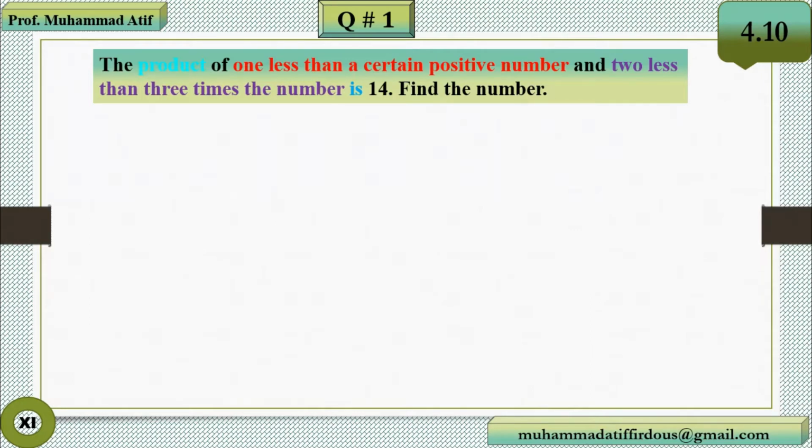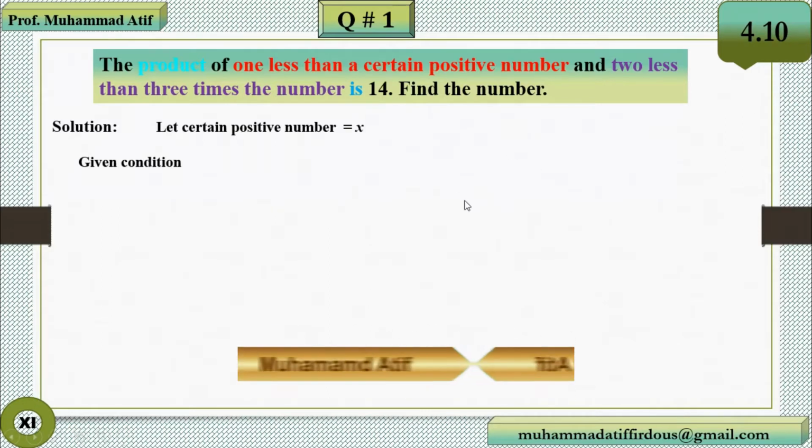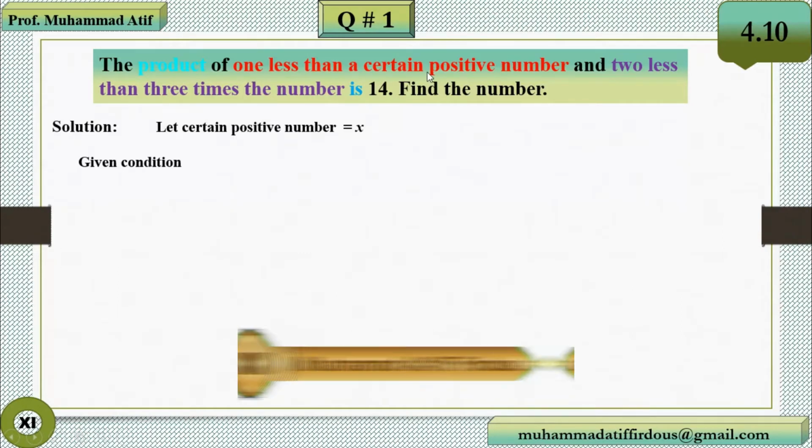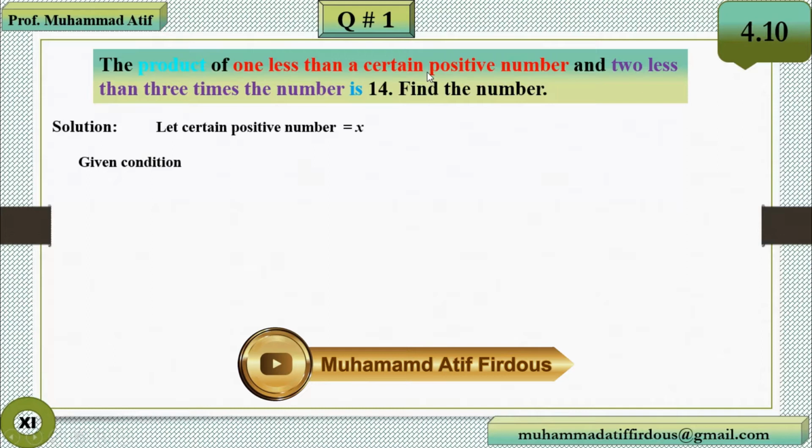So we start with, you have to find a number. So always start with this. Suppose we have a positive number, say x. So we suppose a certain positive number x, and the next is the given condition. The product of 1 less than a certain positive number.